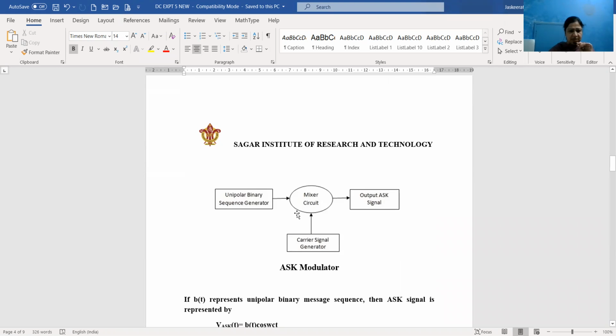That means 0 is represented by 0 voltage, whereas bit 1 is represented by a signal of positive voltage. The second input is the carrier signal, which is a sinusoidal high frequency signal. When these two signals are given to the mixer circuit, the output generated is the ASK modulated signal.